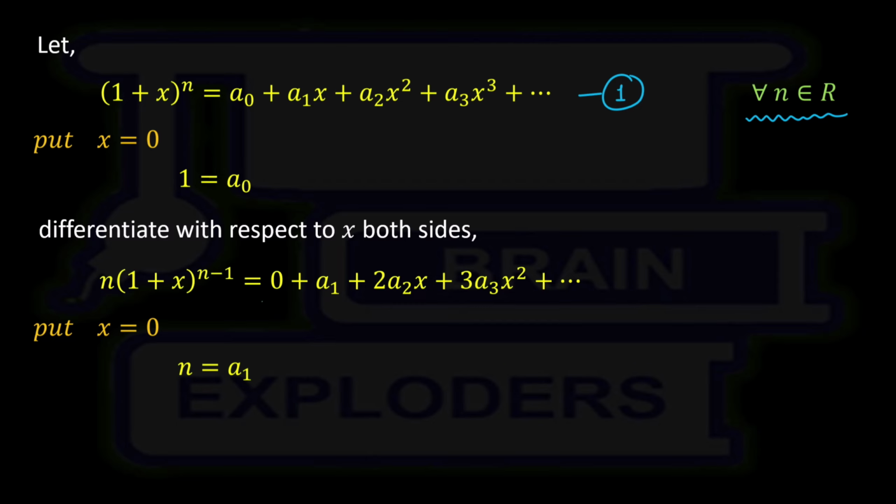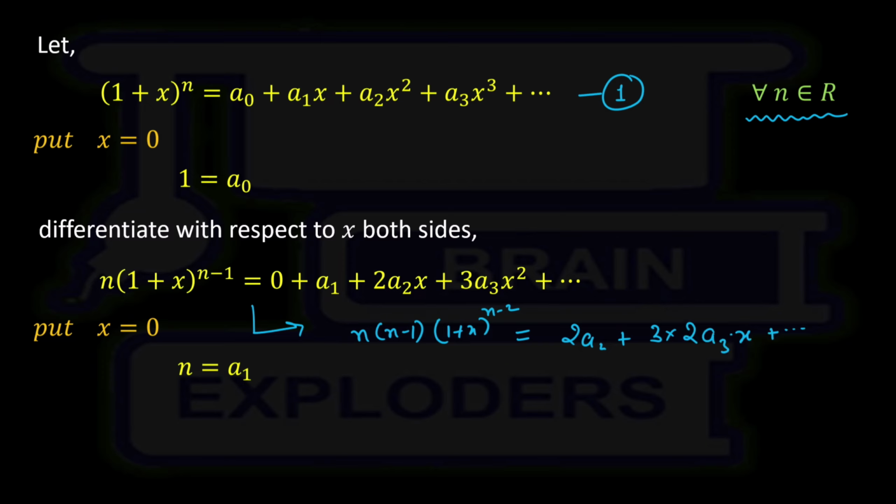So we get the value of a1 also, right? Now we can again differentiate this with respect to x on both sides. So we have n times (n − 1) times (1 + x)^(n − 2) equals, now again the differentiation of a1 is 0 and of x is 1, so we get 2a2 plus 3 multiplied by 2 a3 times x and so on.